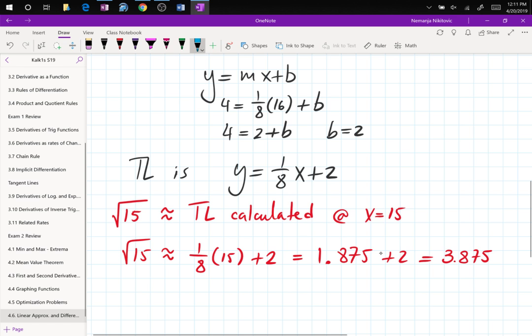Now to check, I'll use the calculator to compute square root of 15, and we get 3.873, because the next digits are 9 and then 8, and so on.